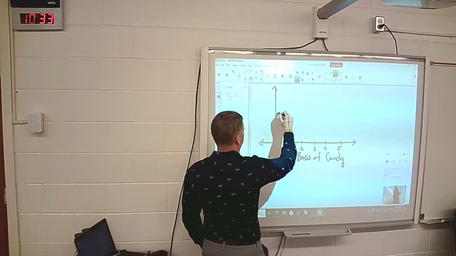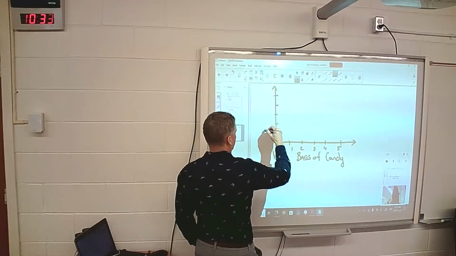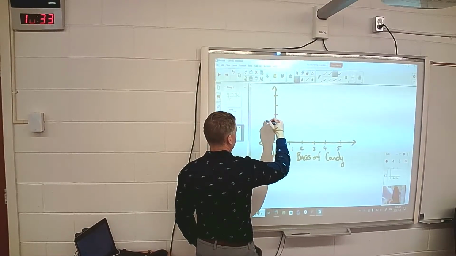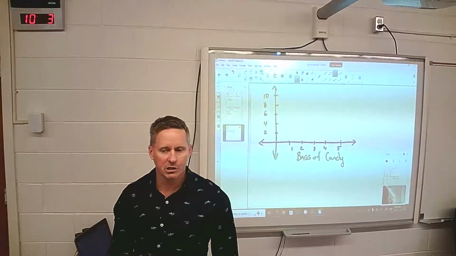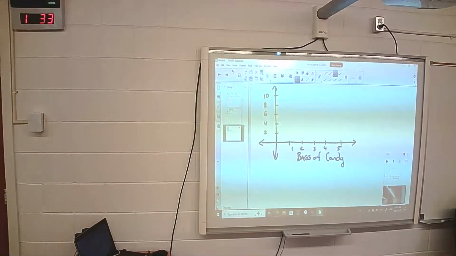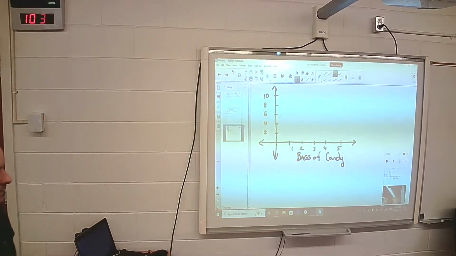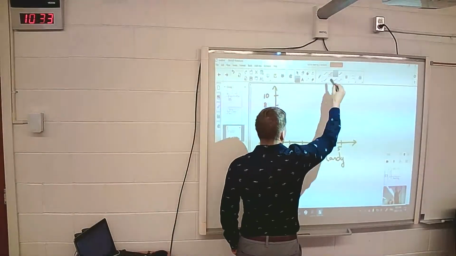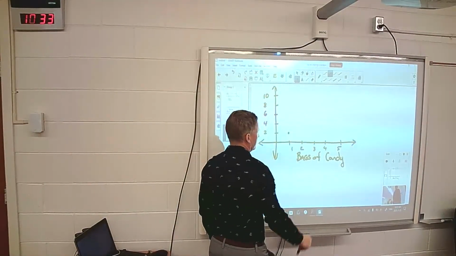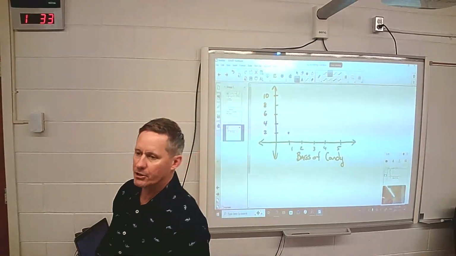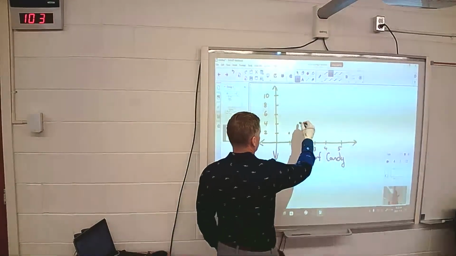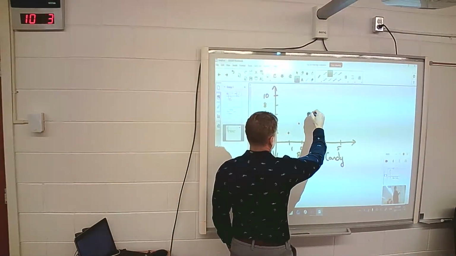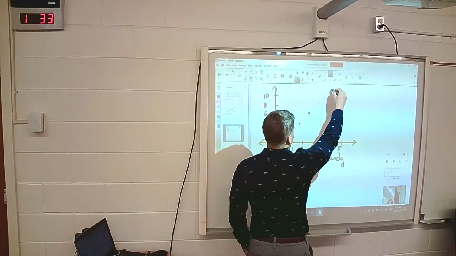And let's say the bag of candy is $2 each. All right, so if I would purchase one bag of candy, how much is it? $2. So I put a dot right there. If I purchase 2 bags of candy, how much is it? $4. And 3, 4, and 5.